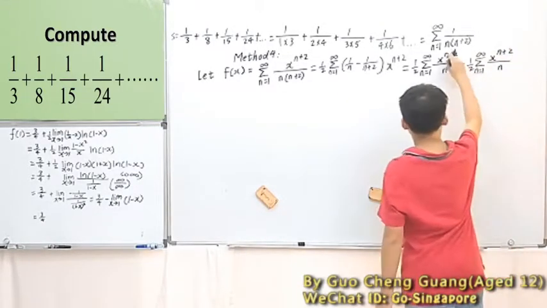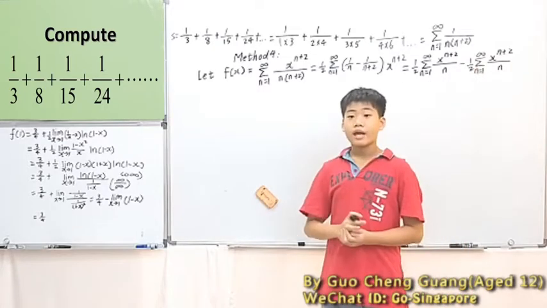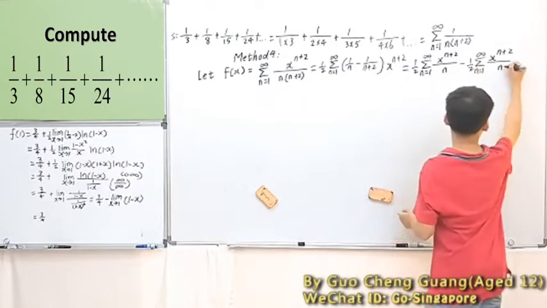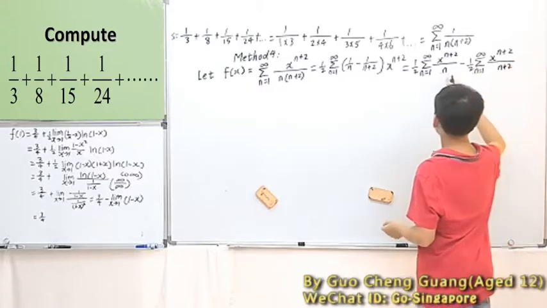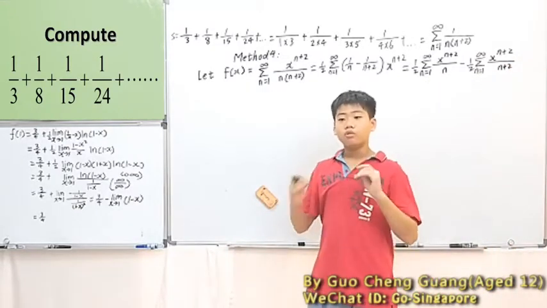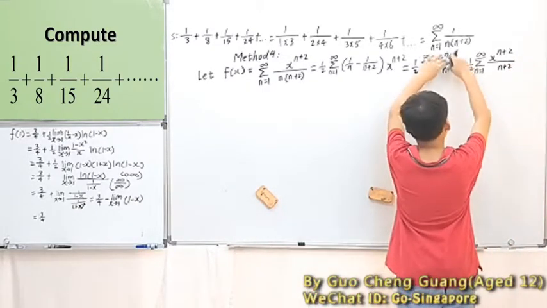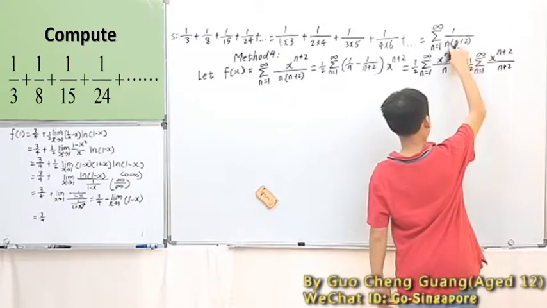Now, this part, the power is n plus 2, and down here is an n. Now, we want an n up here, so we have to remove this plus 2.